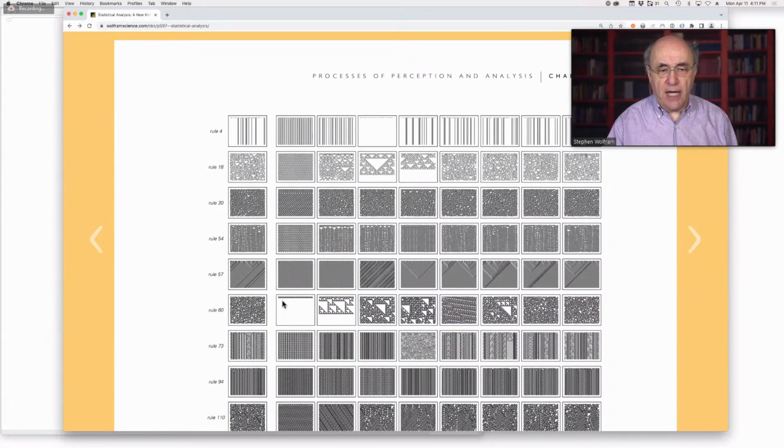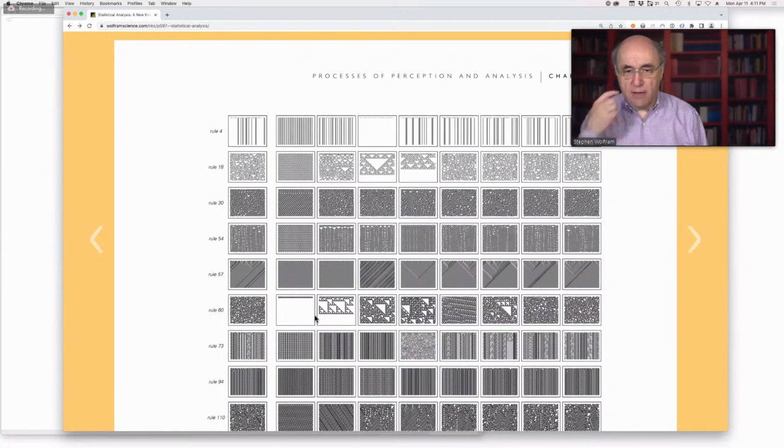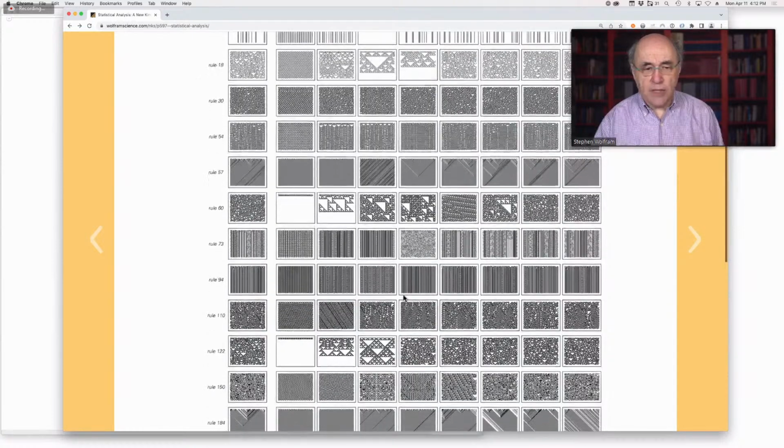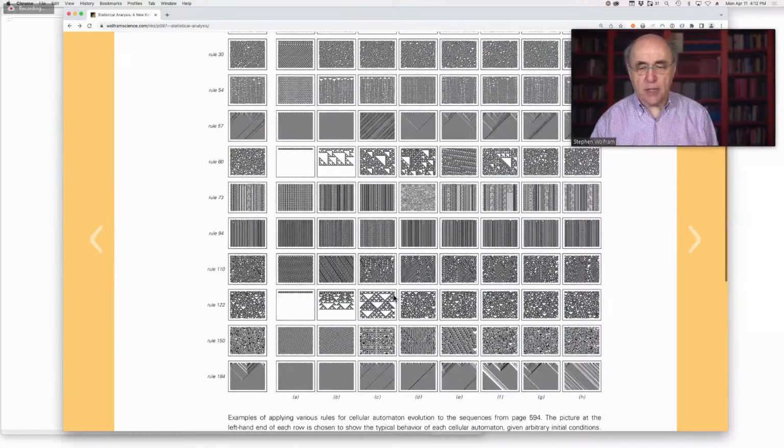In this particular case, we readily see that it says, oh, that's not random. It produces an all-white Rule 60 pattern. Here we've also got, oh, that's not random. It produces a very non-typical Rule 60 pattern. But for different rules, we see more and less success in determining, after we've used the rule as a statistical test, whether that reveals the non-randomness of the original sequence.